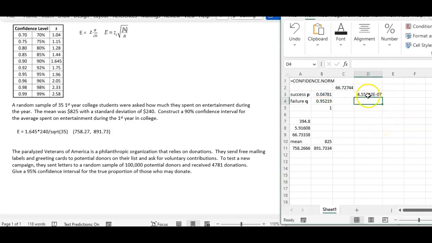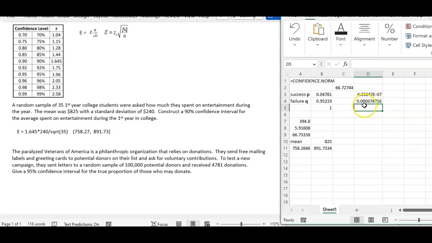And that's this here. Don't get nervous with that. That E minus 07 just means that we are moving our decimal place, if we had to type it out, 7 places to the left. But let's not worry about that right now. And we're going to take the square root of that number. So again, in Excel, I can say square root, and I'm just going to point to that and hit enter.